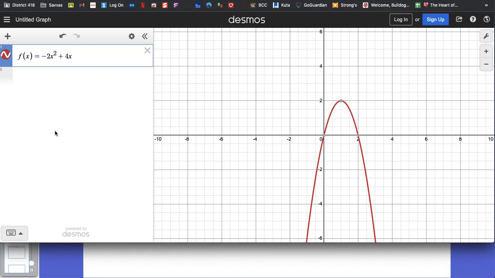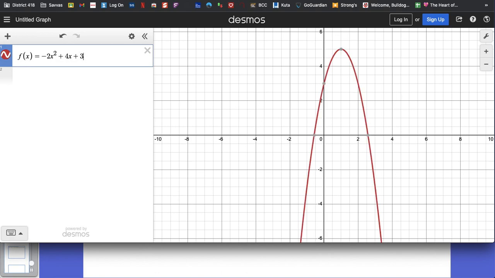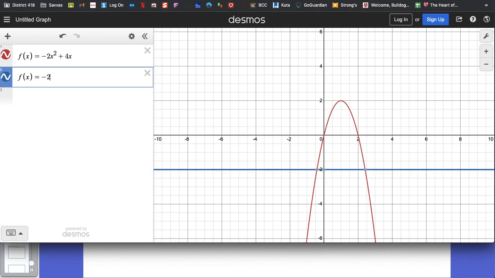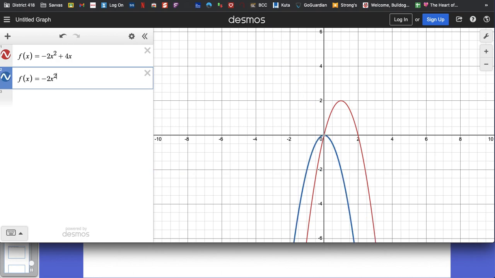So, for instance, if we put in a +3, notice what happens to that graph. Maybe what I should do is leave that graph where it's at and add in f of x. I think there's a quicker way to do this. You guys probably remember how to do it. Negative 2x squared plus 4x.